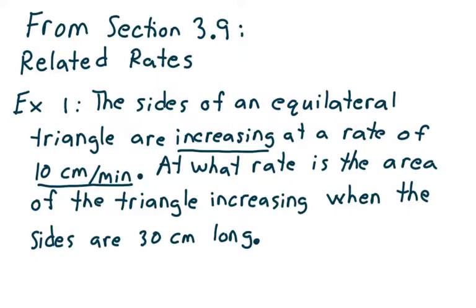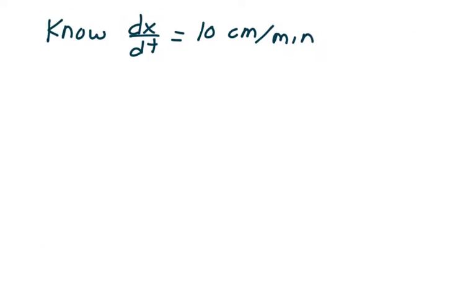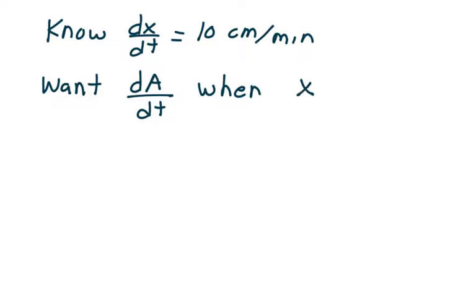Now, the question says, at what rate is the area of the triangle increasing? So we need to think of derivative, when the sides are 30 centimeters long. So we want dA/dt when x is 30 centimeters.